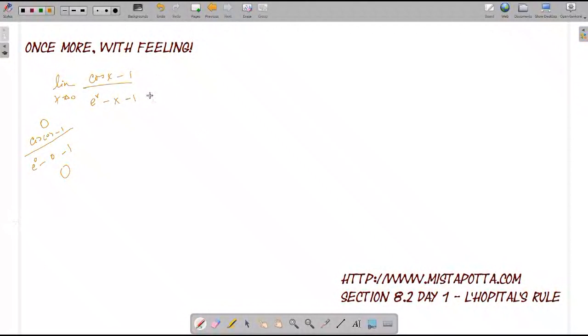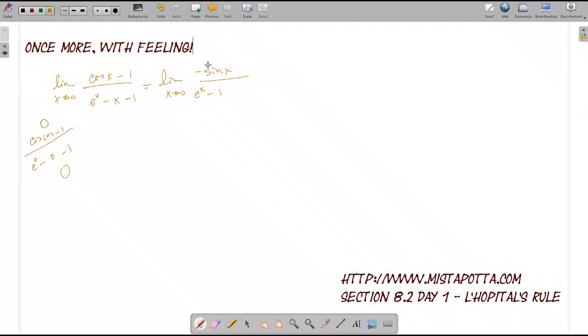So I need to take the derivative of the numerator and the derivative of the denominator. Derivative of the numerator here would be negative sine x minus 0, which I'm not going to write, over e to the x minus the derivative of x minus the derivative of 0.